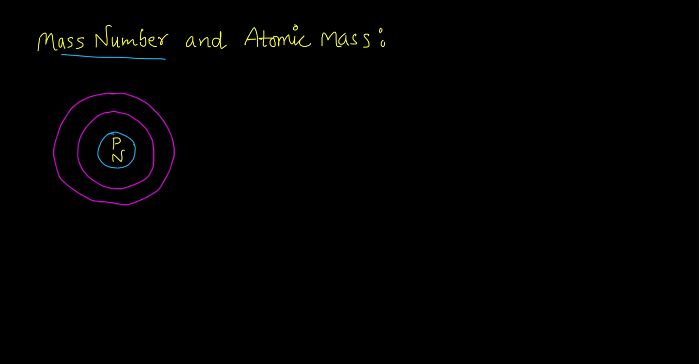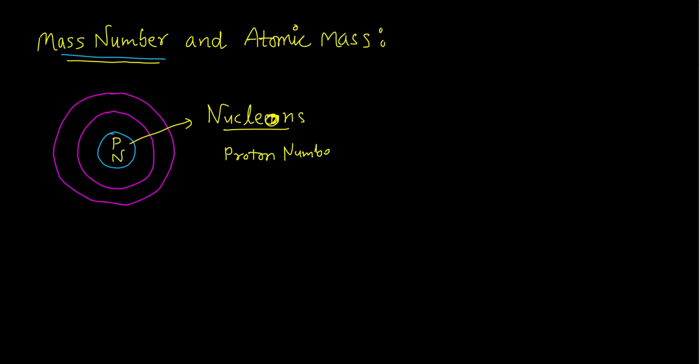The particles found in the nucleus are commonly known as nucleons. In combined language, protons and neutrons are called nucleons. So nucleon means either proton or neutron. Mass number is related to the total number of neutrons and protons present in the nucleus.